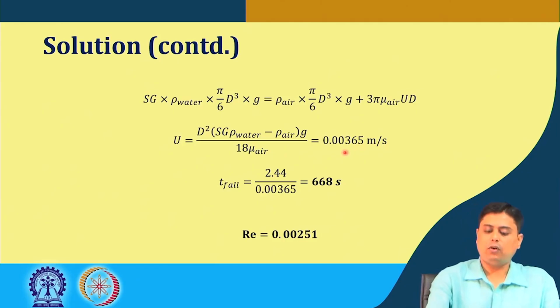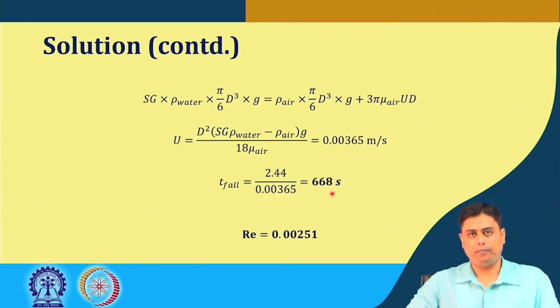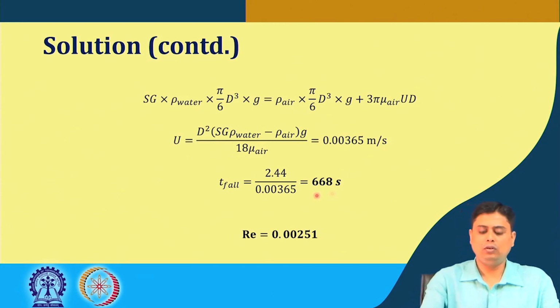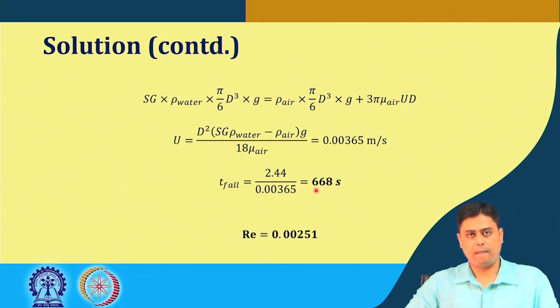So, if it is falling with this velocity from a distance of 8 feet, which is 2.44 meter, we can find out the time required to fall, which is around 11 minutes.